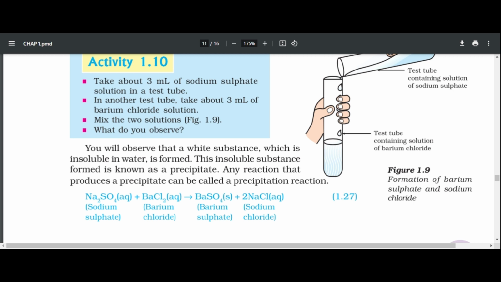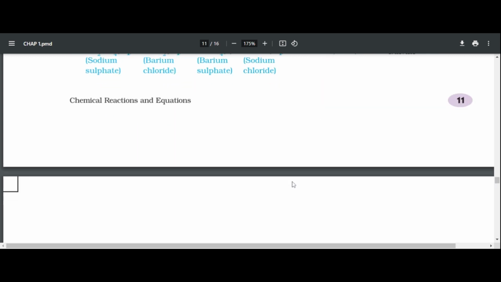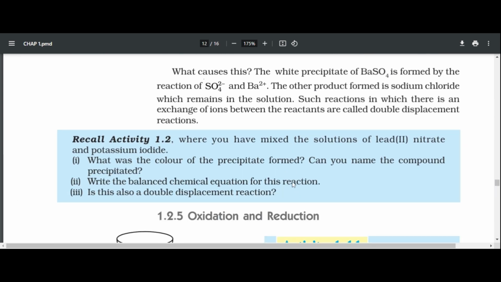Na2SO4(aq), sodium sulfate, plus BaCl2(aq), barium chloride, gives BaSO4(s), barium sulfate, plus 2NaCl(aq), sodium chloride. What causes this? The white precipitate of BaSO4 is formed by the reaction of SO4 2- and Ba2+.